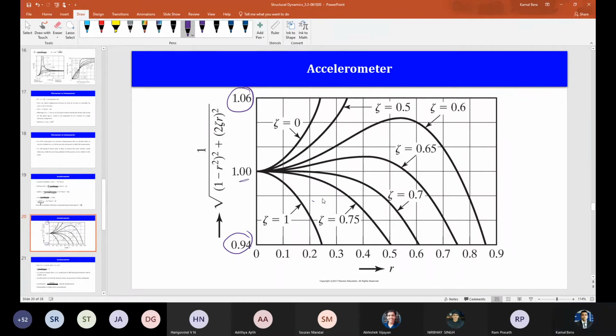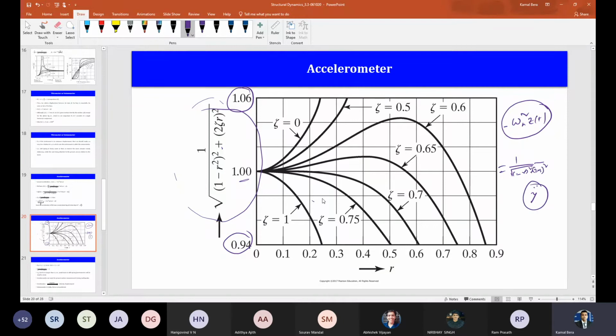Tell me. What zeta and what R value should I choose so that this ratio becomes 1? I have to make this 1, right? So that I will get, remember the expression, minus omega n square z(t), which I am measuring basically, equals 1 over root of (1 minus r square) whole square plus (2 r zeta) whole square, times the ground acceleration, y double dot.